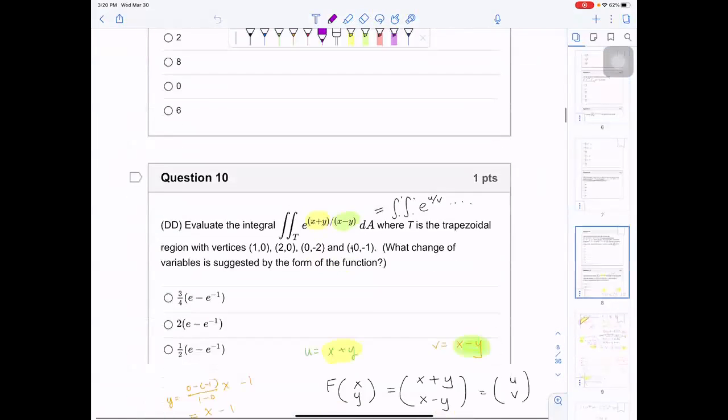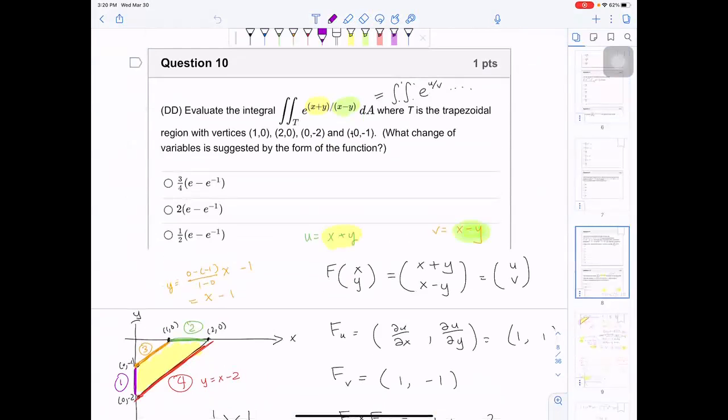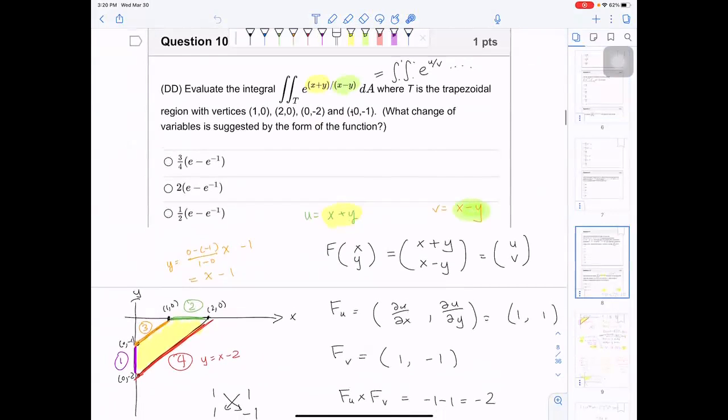Okay, so we want to choose something for u and v. I said to choose the difficult thing as our u and choose this as our v. This has a bit to do with surface integrals, which I know you wanted to see. So I rewrote our function of x and y in terms of the substitutions, u and v.